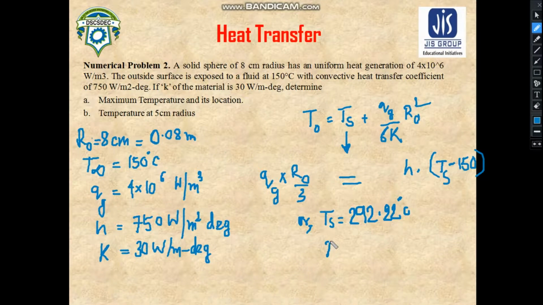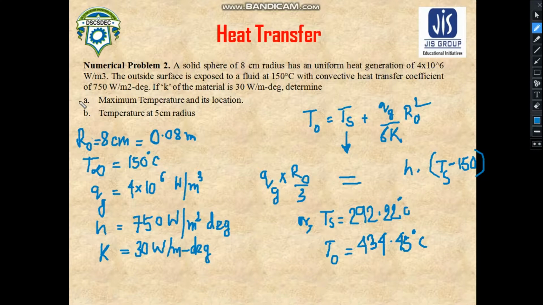After putting all the relevant values, you will find that the maximum temperature, which occurs at the center of the sphere, is 434, sorry, not 424, it will be 434.45 degrees Celsius. Okay, so this calculation should be done by yourselves. I have already calculated it, so I'm just putting the data here.